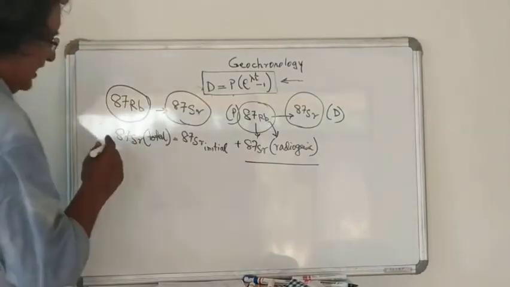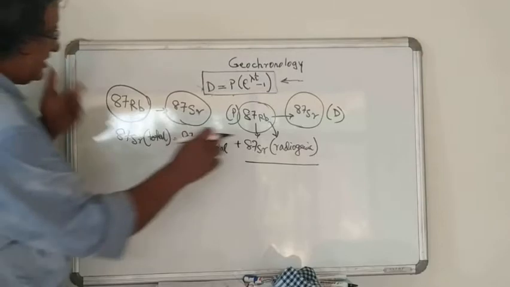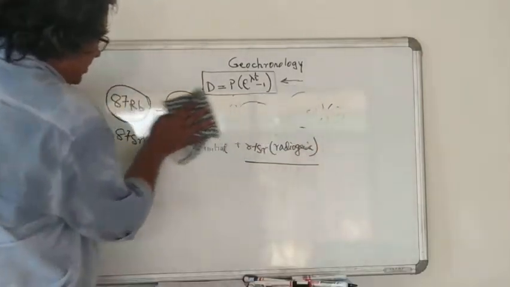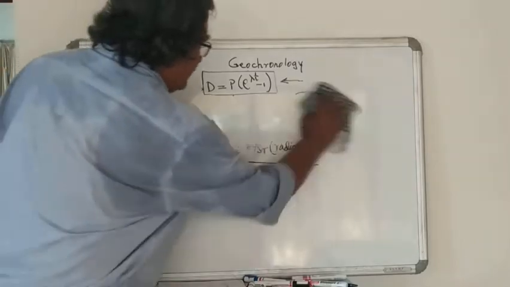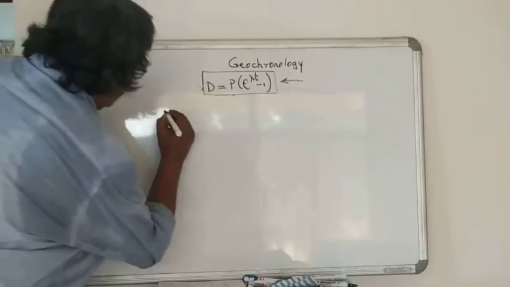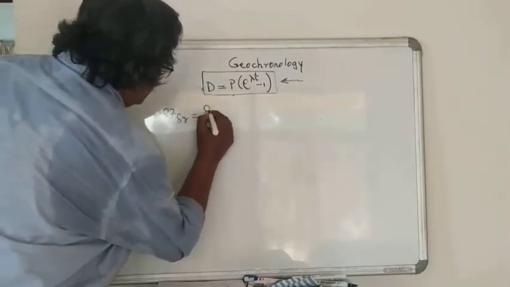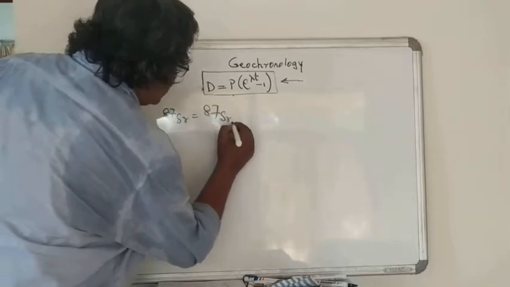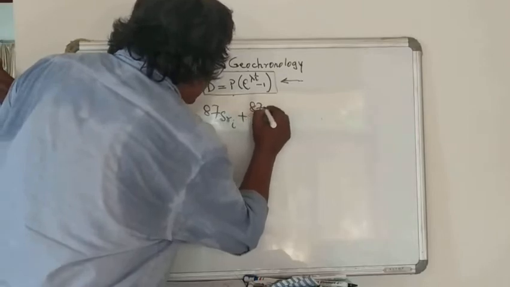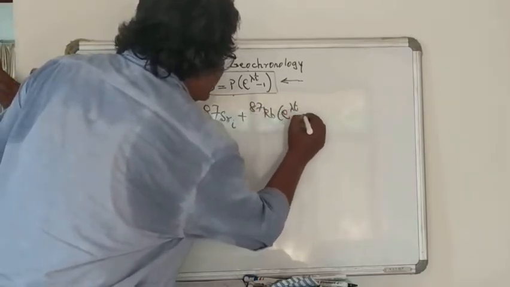So if I finally write an equation, and remember this is the daughter, from this expression: 87 strontium is equal to 87 strontium initial plus 87 rubidium into e to the power lambda t minus 1.